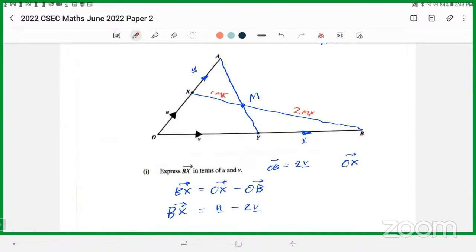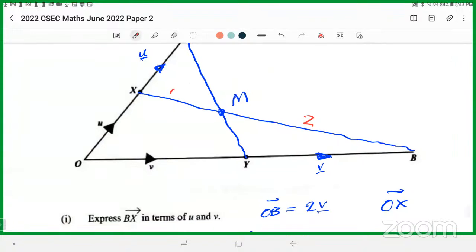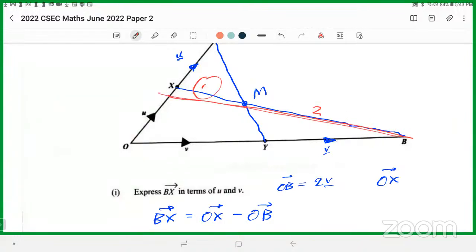So look what I'm doing now. I'm sure now that the line has 3 parts. This is 2/3 of it, and this is 1/3 of it. If I erase the MX now, look carefully. It means that this whole line is in the ratio 2 to 1. This is 2 parts of the entire line, and this is 1 part of the entire line.